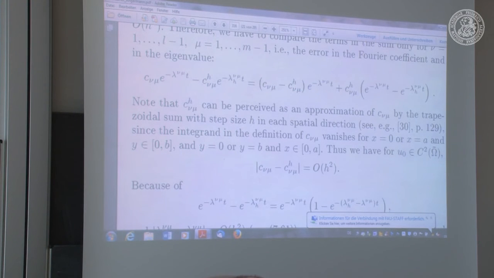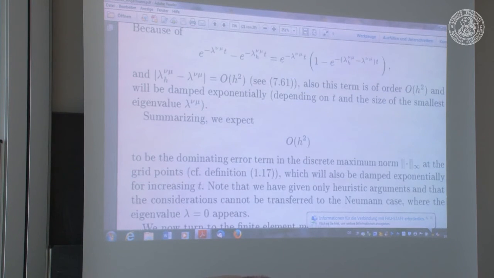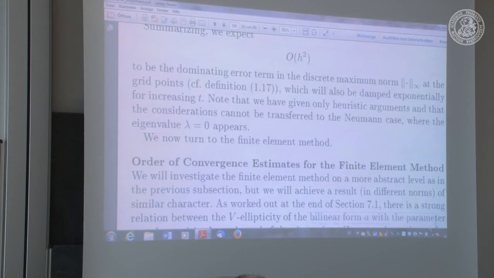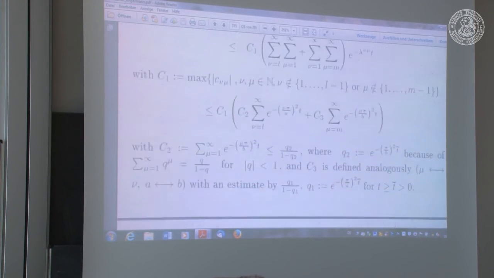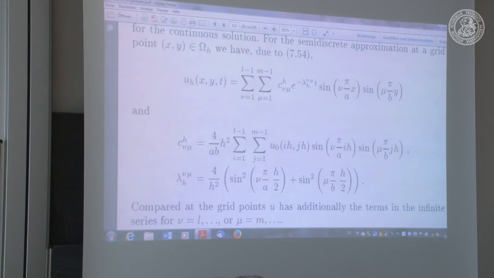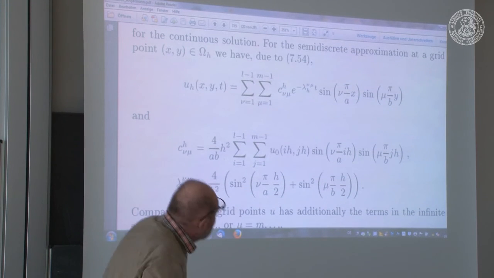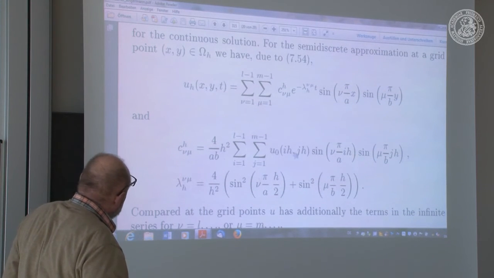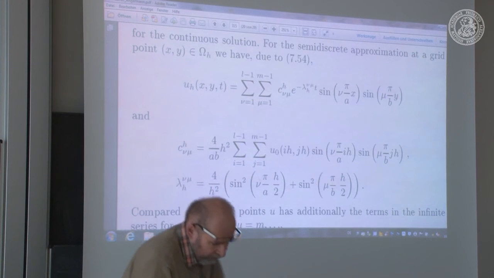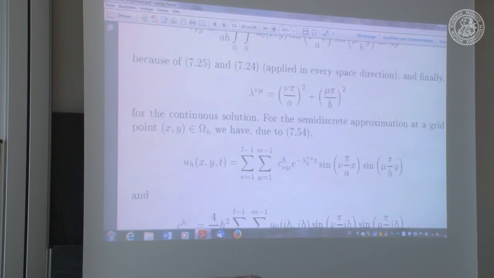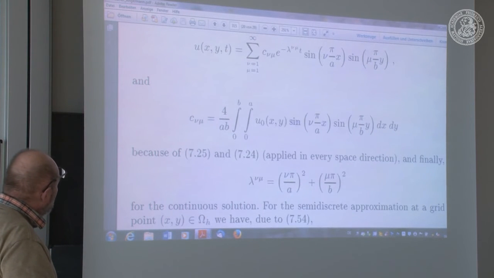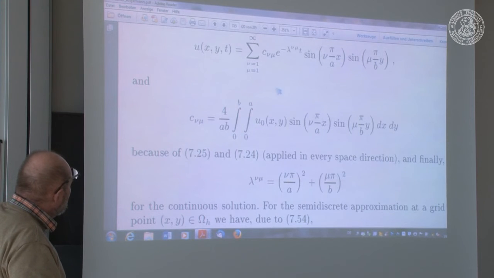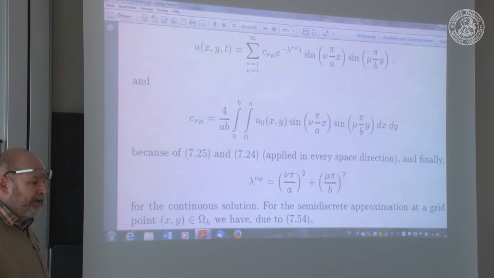So what is the difference here? There's not so much difference in the Fourier coefficients. So maybe we go back and have a look at what the Fourier coefficients were. Here you see it in the discrete case, and here you see it in the continuous case. And you see the scaling factor is exactly the same. The only thing that happens is that the double integral is substituted by a double sum.